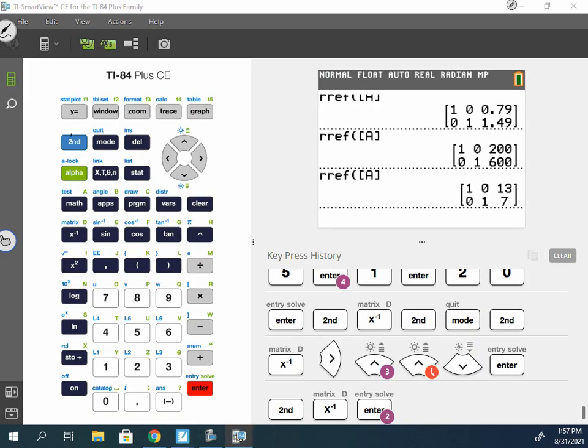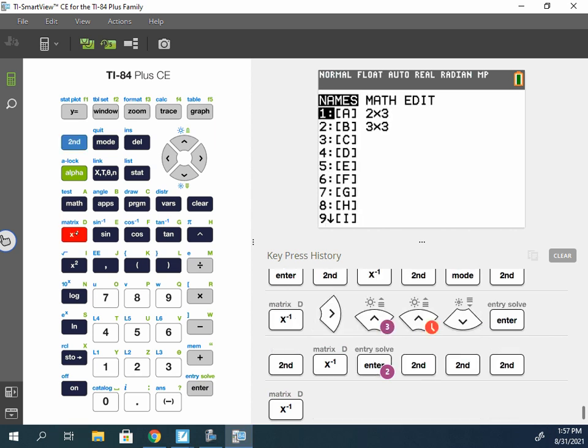Because then we can pull the calculator up and go second matrix.